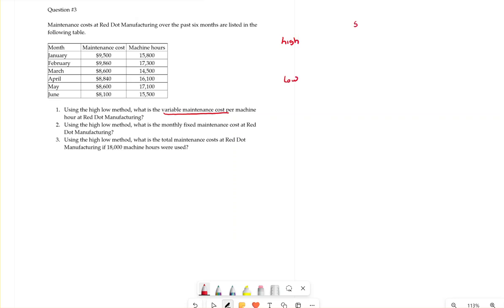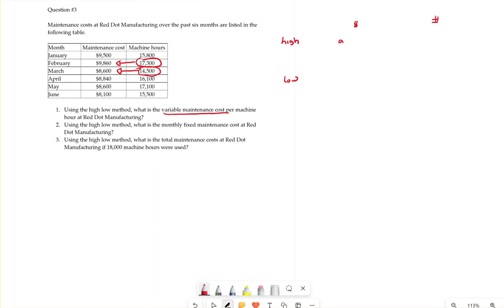So you look at the dollar value and then the machine hours. If I look at the machine hours, 14,500 is your lowest and 17,300 is highest. So you always look at the activity and then the dollar value.